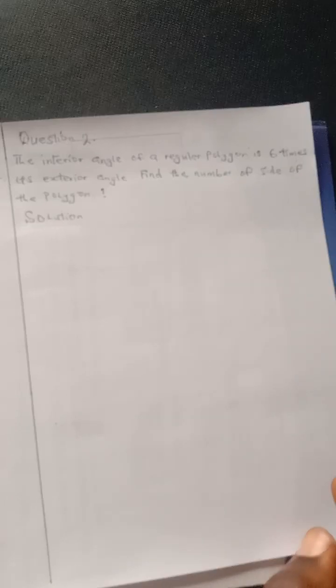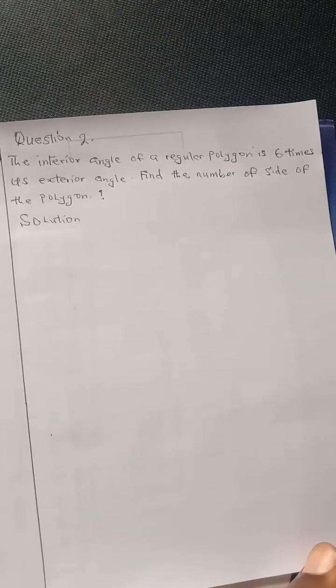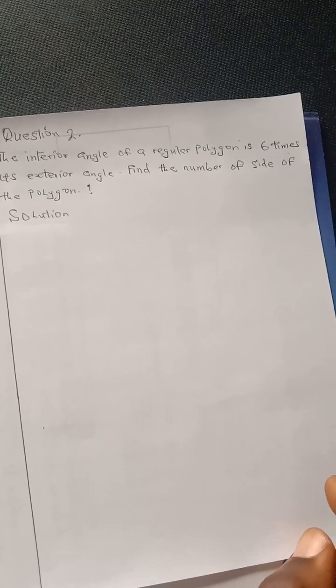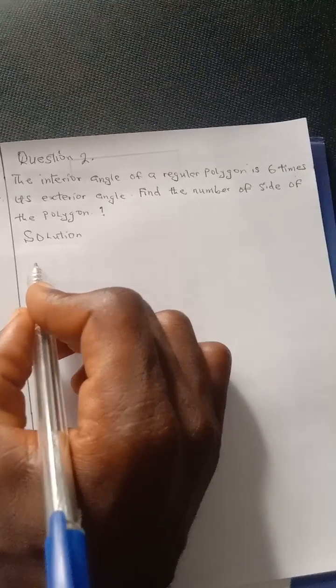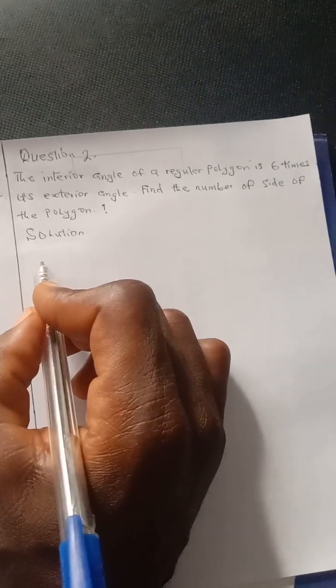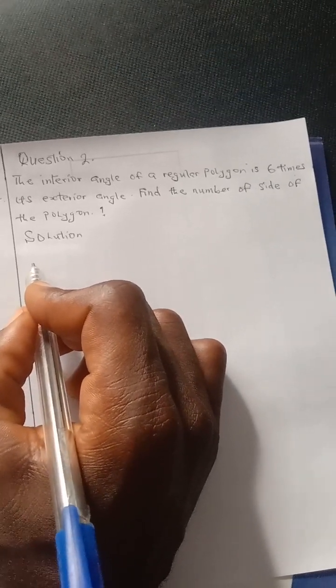In this kind of question, it's also very technical and logical. And the thing you do is you write the formula for the sum of interior angles of a regular polygon.